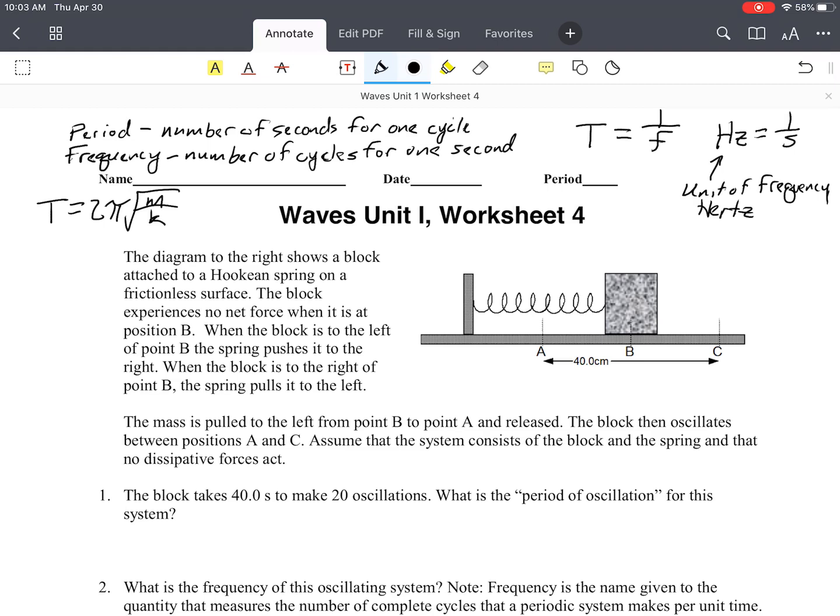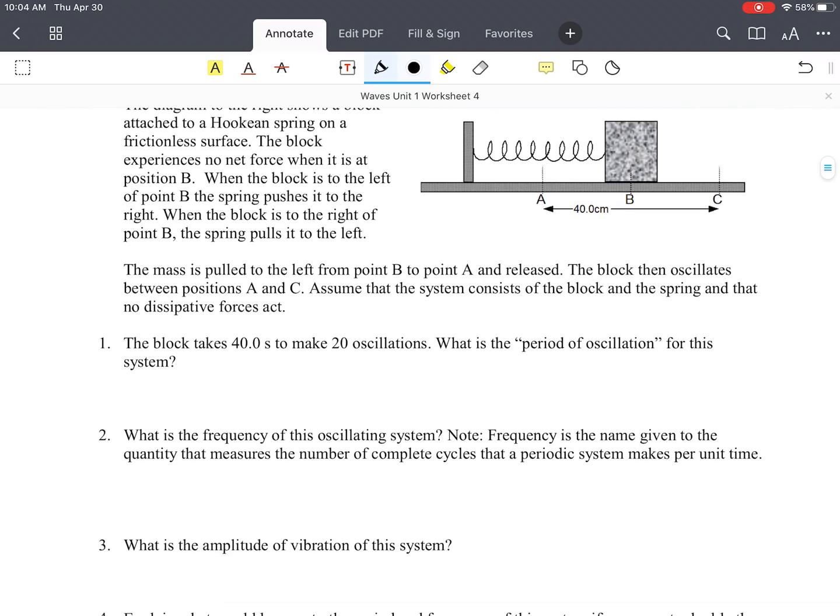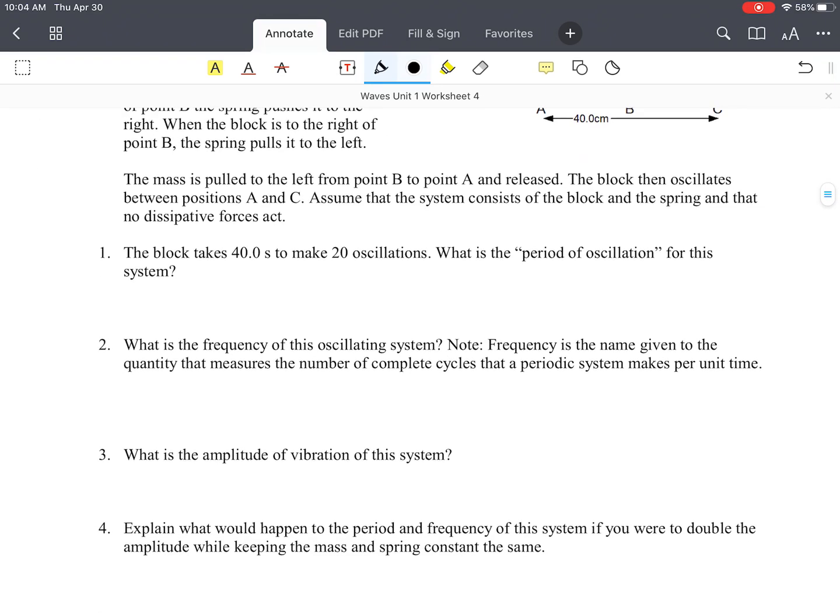In fact, it will increase by the square root. If we increase the spring constant, the period will decrease accordingly, and it will decrease by the square root of that change. And so as you're going along this worksheet, you will have to do things with period, and with frequency, and with amplitude.